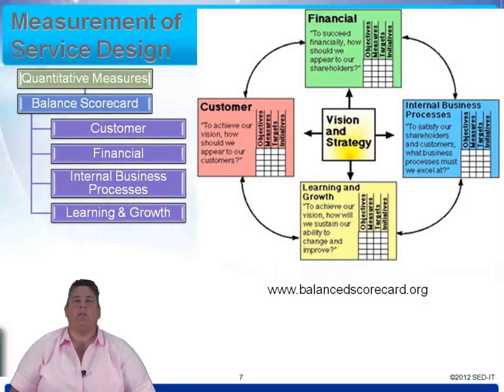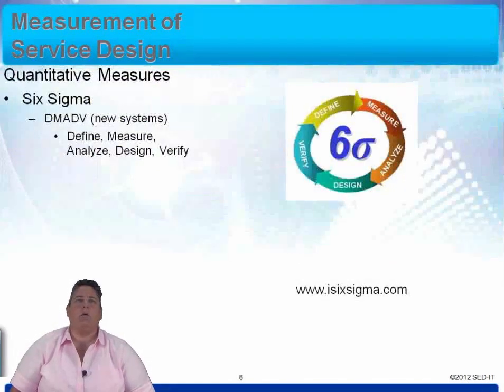It looks at the customer, financial, internal business processes, as well as learning and growth areas, as they all relate to the organization's vision and strategy. For more information, go to the website www.balancedscorecard.org.